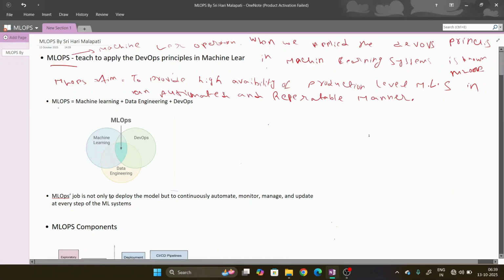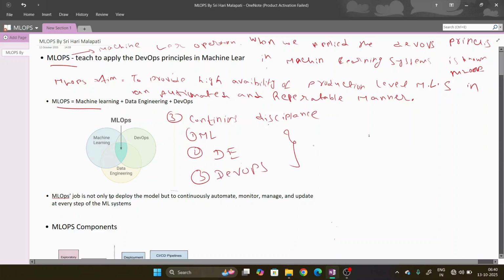MLOps has three continuous disciplines: the first one is machine learning, the second one is data engineering, and the third one is DevOps. These three combined equal MLOps.